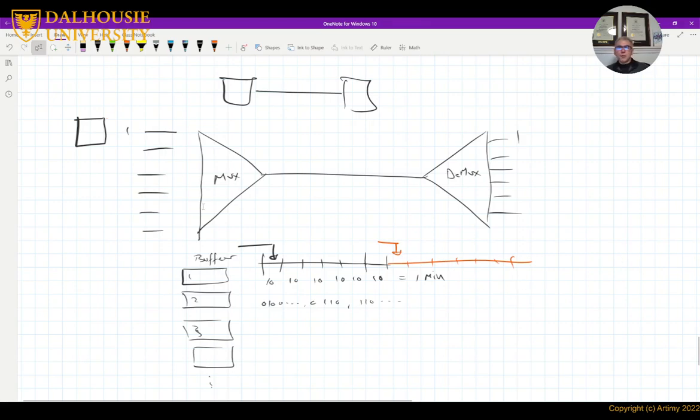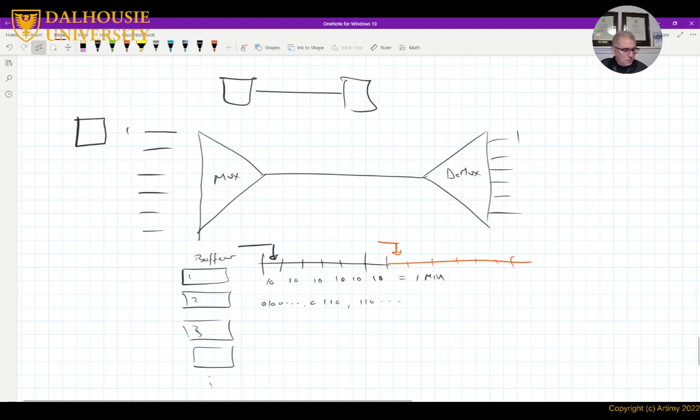And it tries to send them. After a while, it may lose synchronization. It will keep sending a stream of bits one after another after another. After a while, it may lose synchronization. So we need to have some mechanism to make sure that the synchronization is maintained.